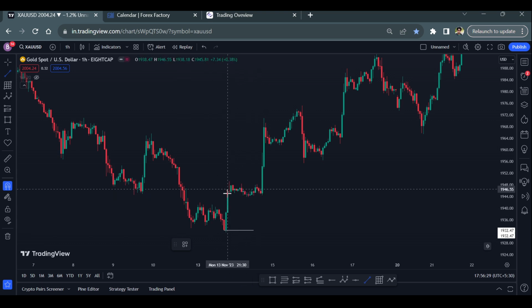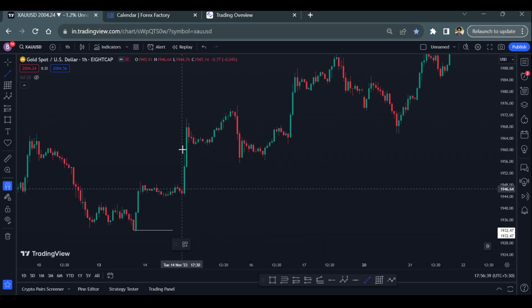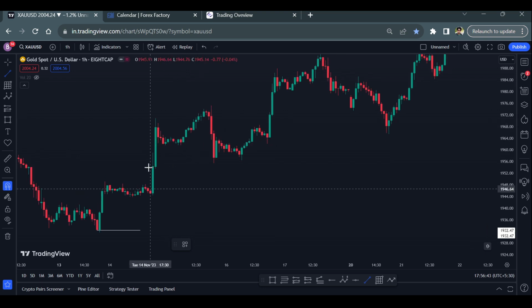For example, here the high is shifted onto this green candle, and then after this green candle it has shifted its high here. I already taught you what the open, high, low, close of the candles is, so clearly use the OHLC.